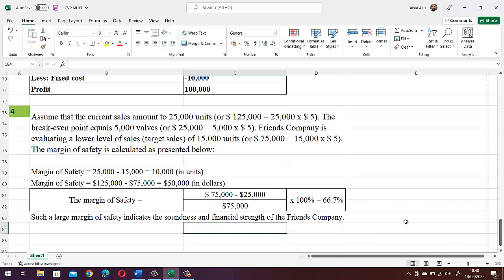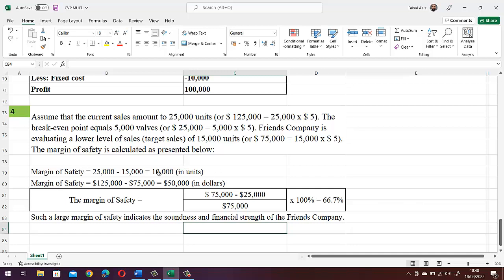A point to note here is the break-even point, which is the assumption, is 5,000 units, but the company is targeting a lower level of sales of 15,000. So to calculate the margin of safety, we will use the company's target. As of now they have 25,000 unit sales, minus 15,000 which they have targeted. So in this case it will come to 10,000 in units.